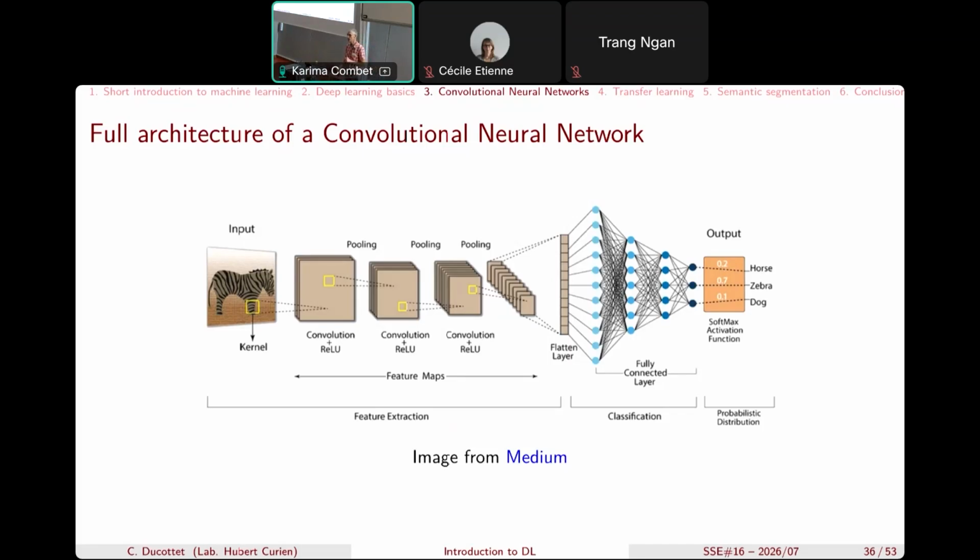Is it clear until now? We see some basic operations that we have to do if we have an imaging system or a computer vision system where we want to input an image and output some probabilities predicting the class of these images. And this structure is general.